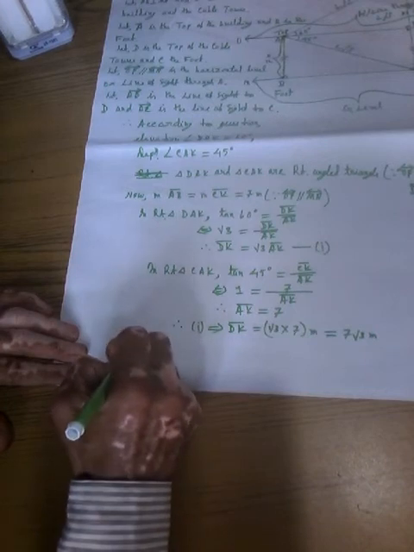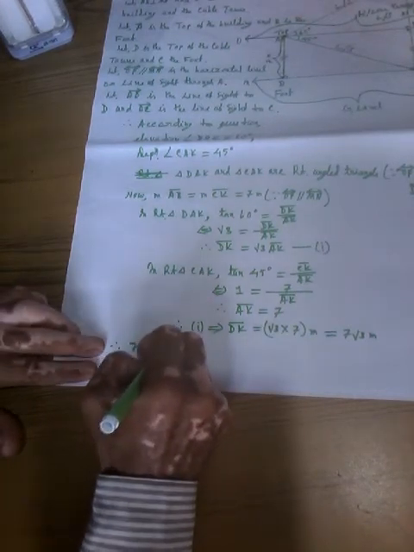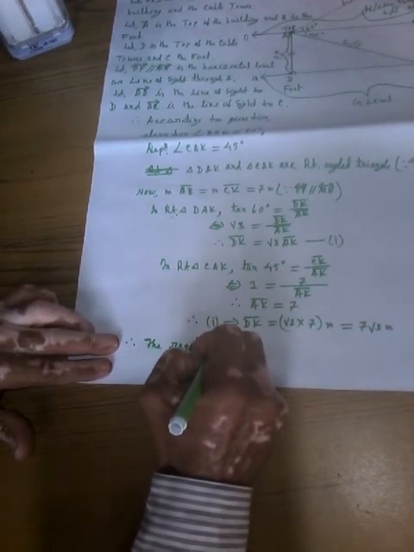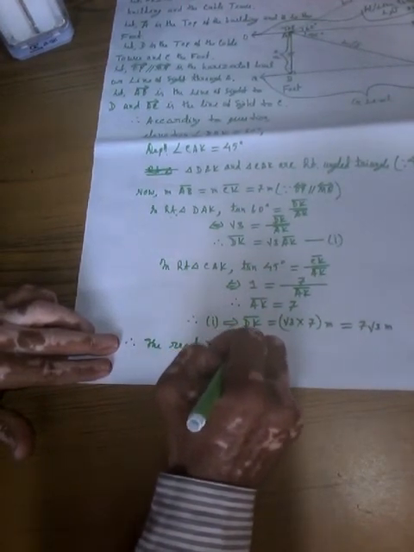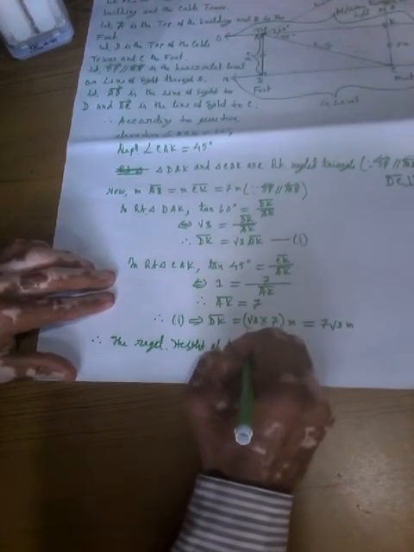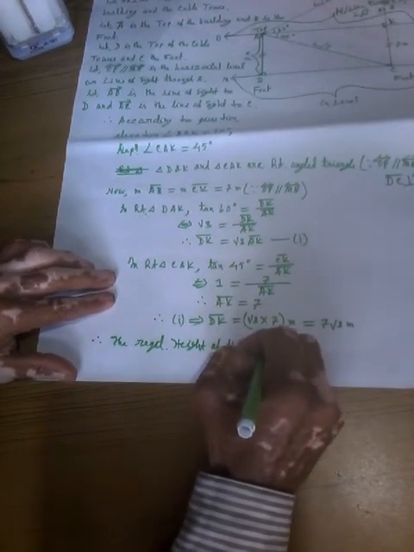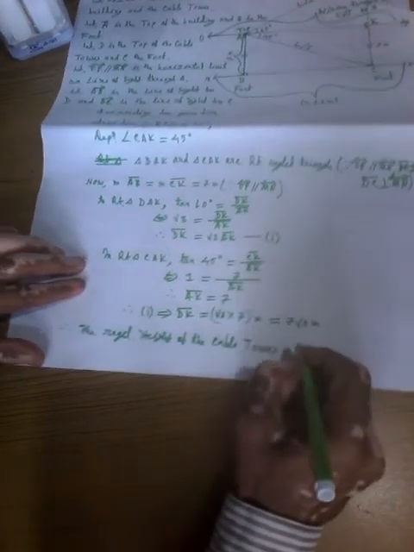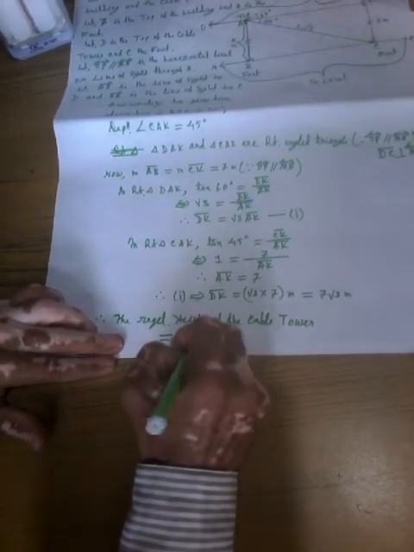Now write in this way. Therefore the required height of the cable tower is equal to measure of DC.